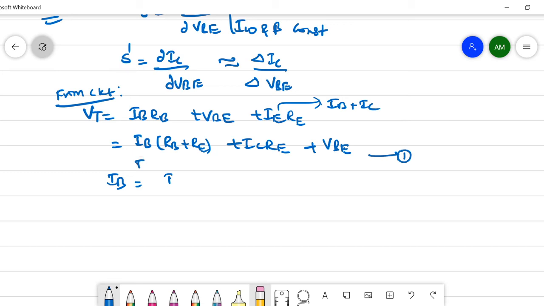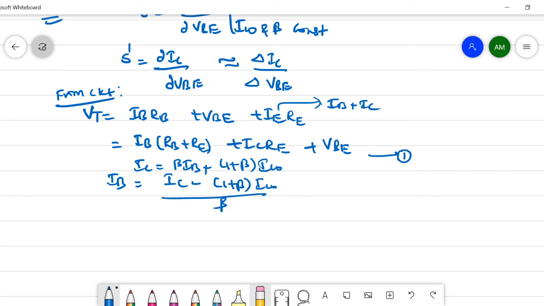Then one more equation. Already we know this: IC is equal to beta IB plus (1 plus beta) into ICO. This is the collector current for the common emitter configuration. From this equation, we can write the base current IB is equal to (IC minus (1 plus beta) into ICO) by beta.